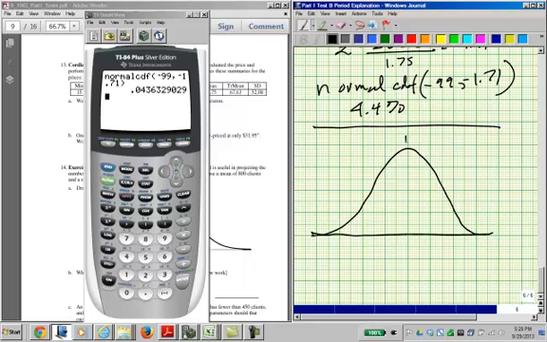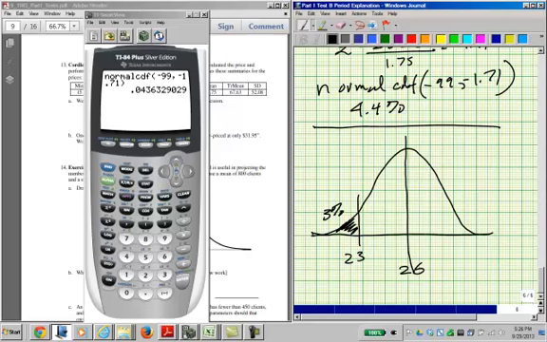So we're going to keep the mean the same, which is 26. All right. But now they want 23 to only be 3%. Now, the difference between 26 and 23 is still 3.